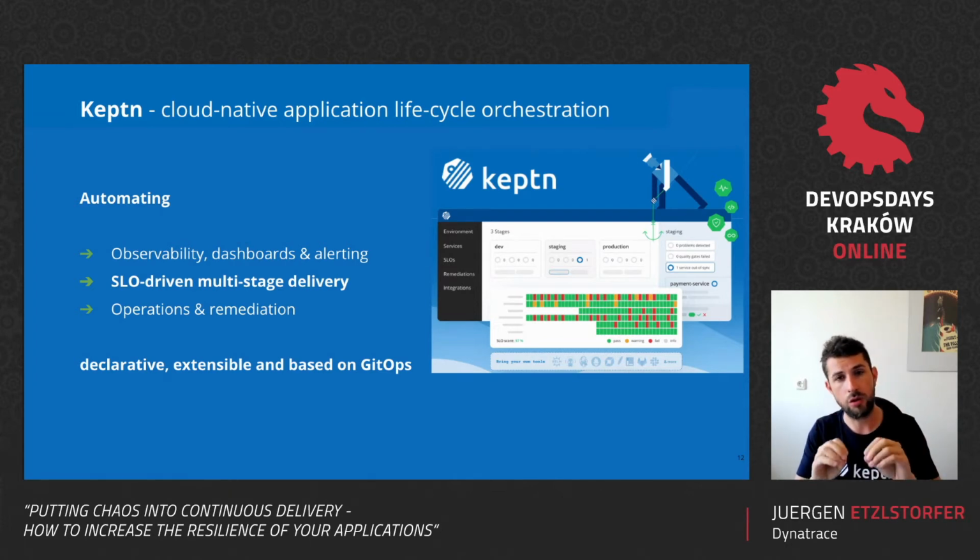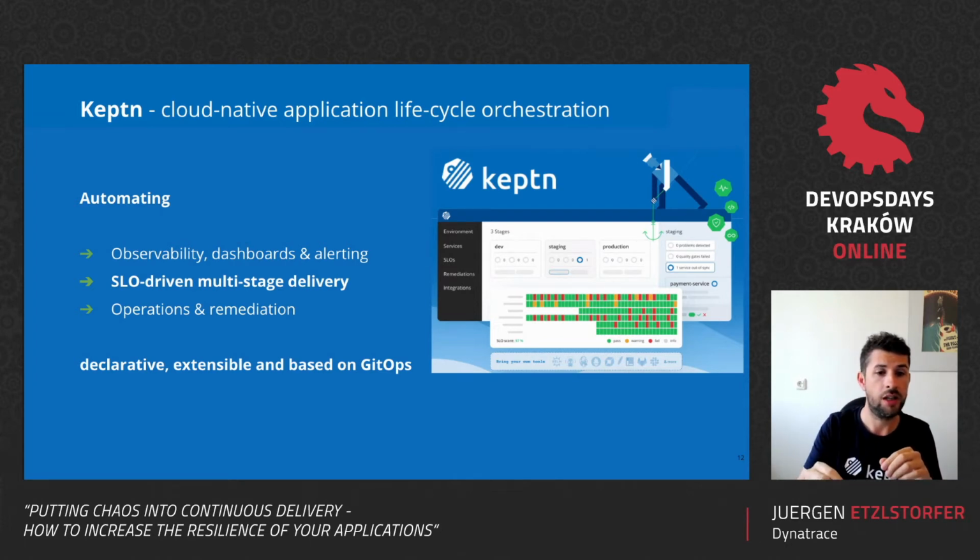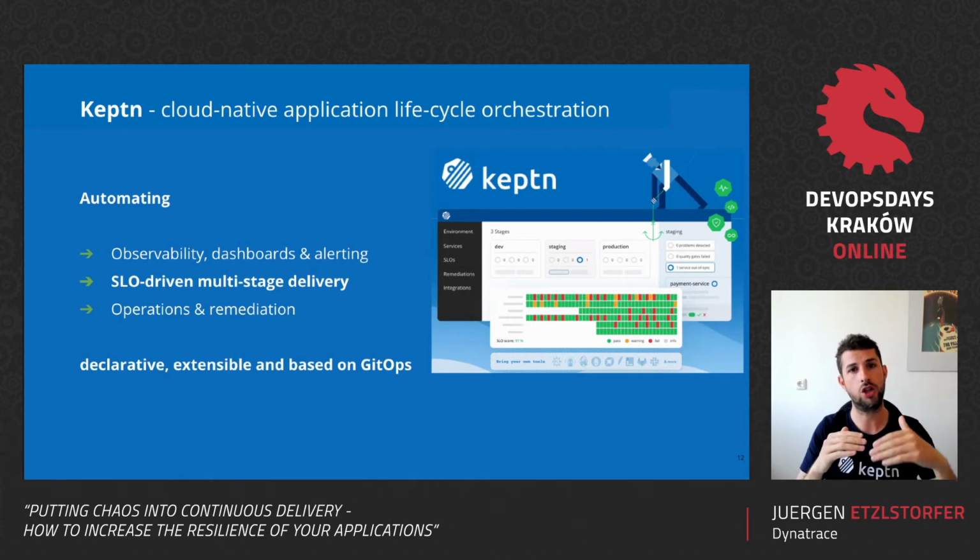And I want to focus today on one specific part of Keptn, which is the SLO-driven multi-stage delivery. So we want to have a multi-stage delivery, and we want to make sure that we can only promote from one environment to the other, let's say from dev to pre-production or from pre-production to production, if some quality criteria are met, and this is based on service level objectives.